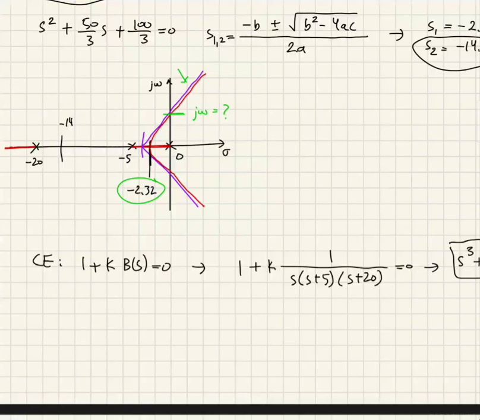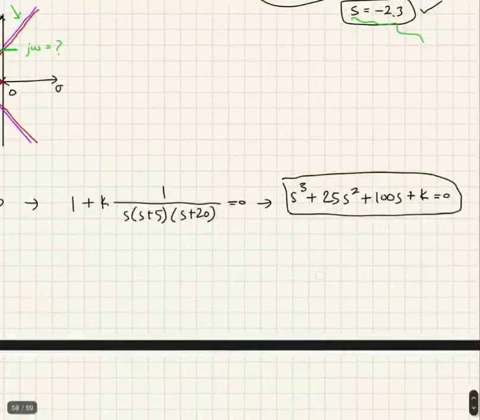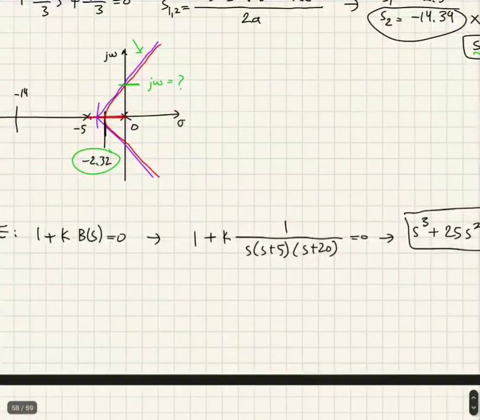And as we know, the complex numbers are always complex conjugates of each other. So let's say from this equation we find that S is 0 plus minus, I don't know, let's call it 2j.